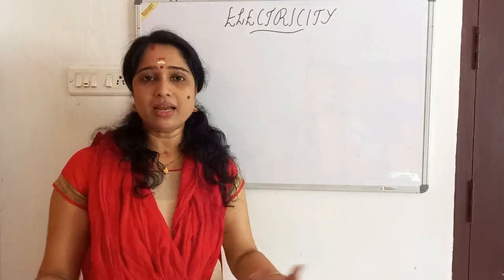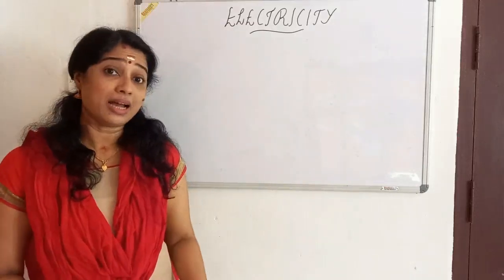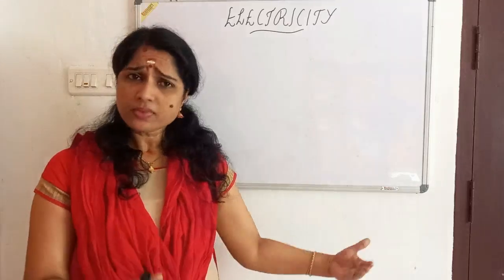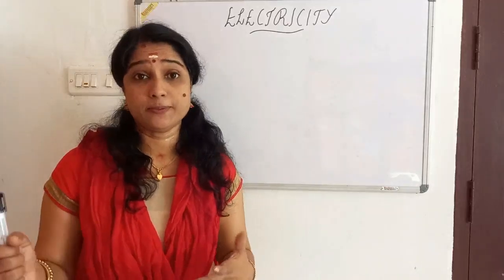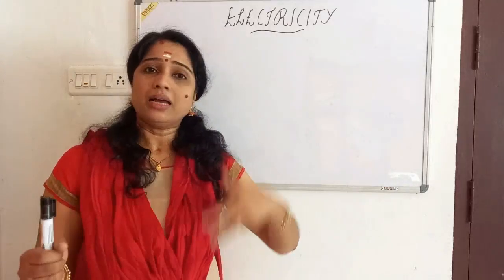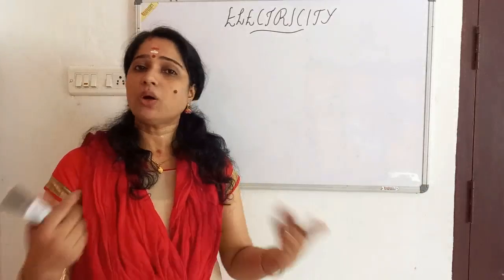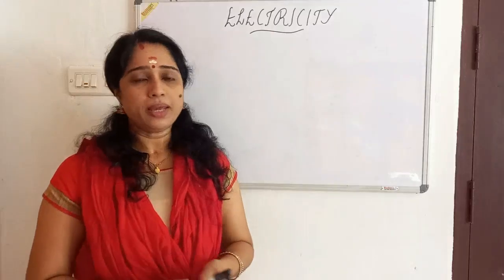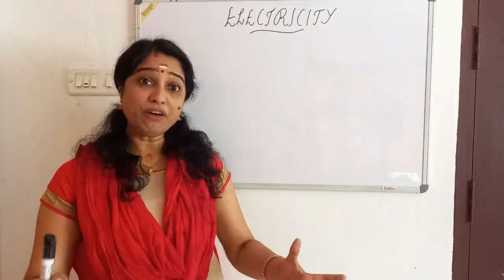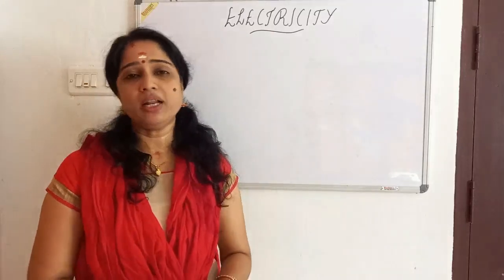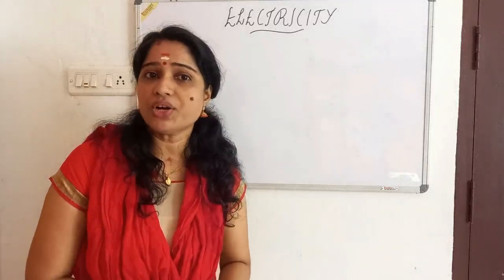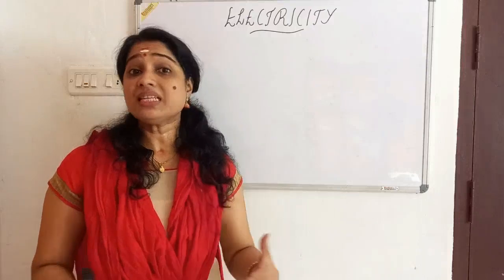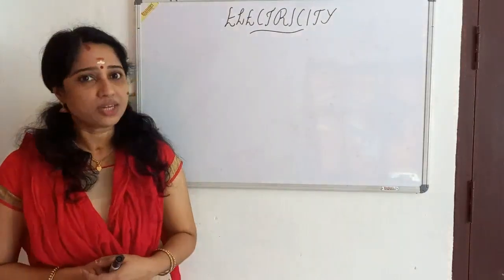Without that also we can make it, and I already showed you one circuit where I hadn't used the resistor as well as the switch, and many of you also made and sent me that without using it. So without that also we can make it, but if you want to make a perfect electric circuit, definitely we are in need of the resistor and the switch. So the resistor controls the flow of the electric current.